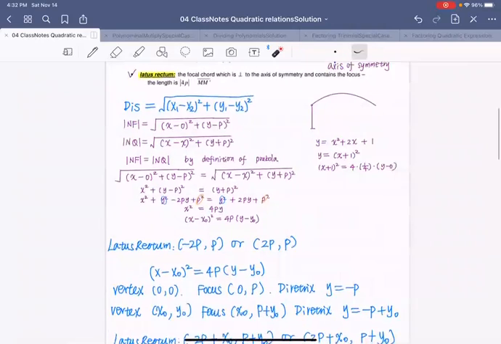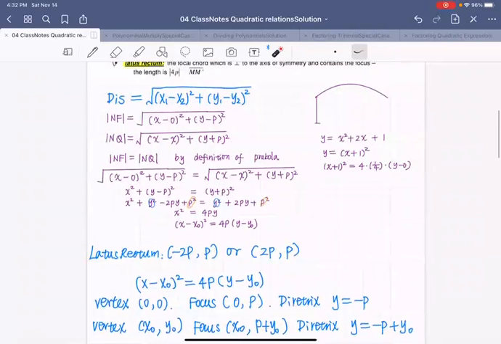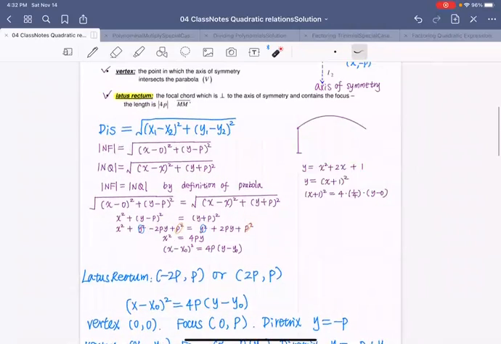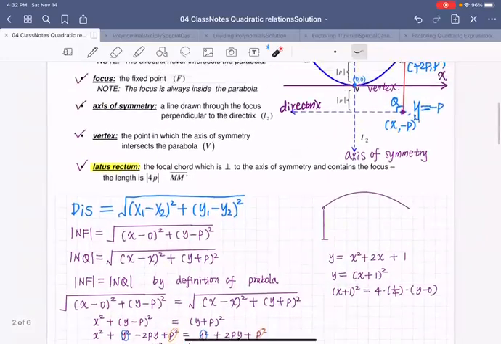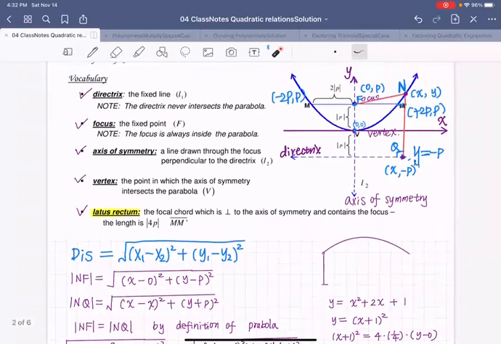Now, the new term we learned here is called the latus rectum. The latus rectum is defined as follows: you start from your focus point and draw a line perpendicular to your axis of symmetry. Yes, this is your axis of symmetry, and you draw a line perpendicular to that.